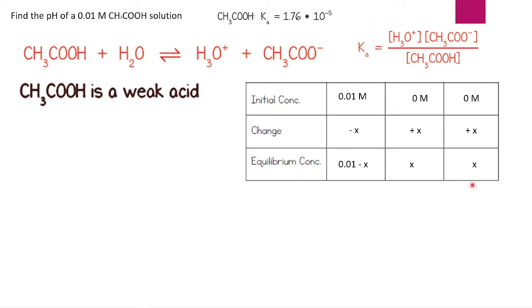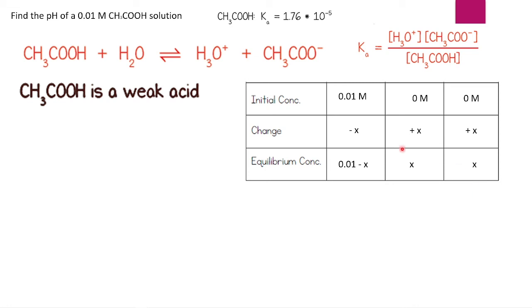We know at the end, the products are both going to change by the same amount as the reactant changes. So the reactant is going to go down by a certain amount, and both of the products are going to go up by the same amount.